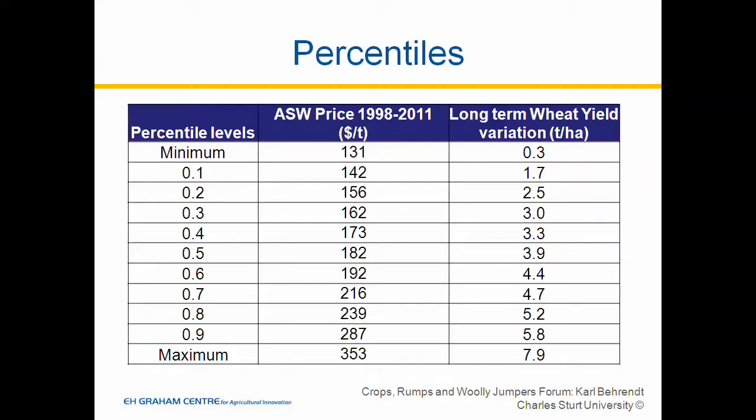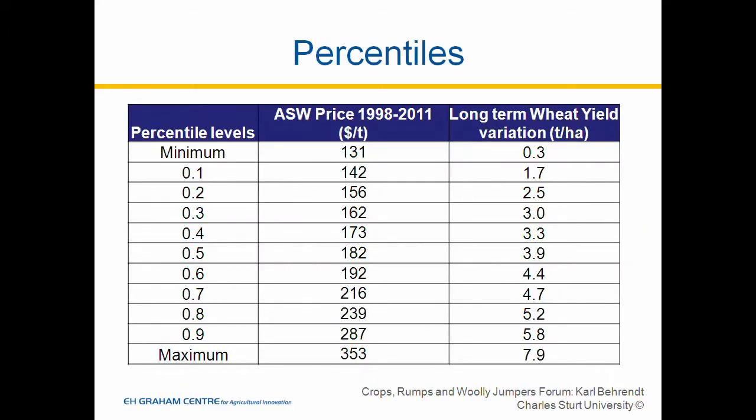And so if I look at those prices, I can generate something, a percentile table basically, which shows me the distribution of those prices and also gives me an indication. What you might have noticed here, I've put in some long-term wheat yield data as well, because I just want to get a handle on what sort of variation we might see.